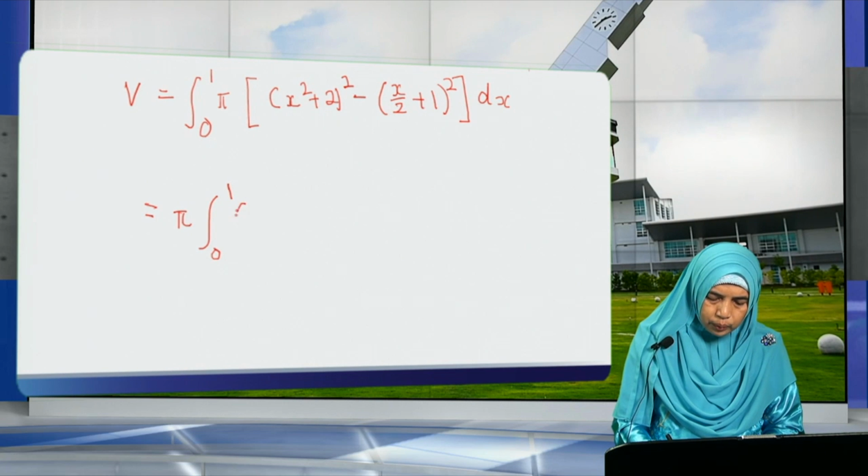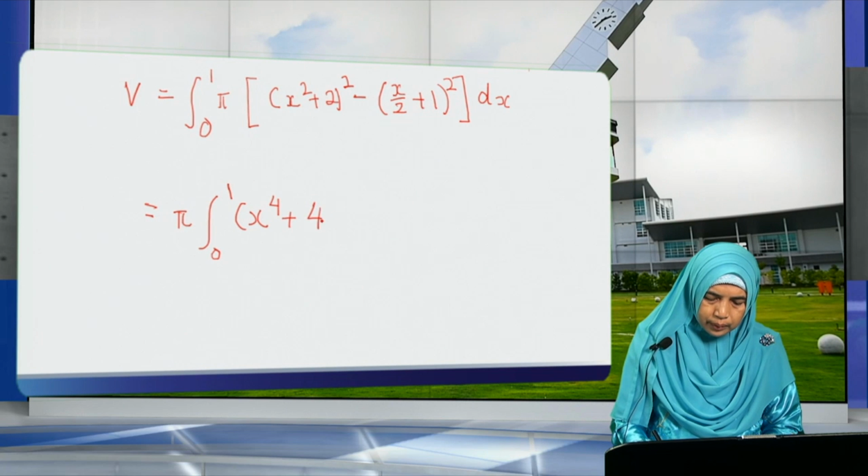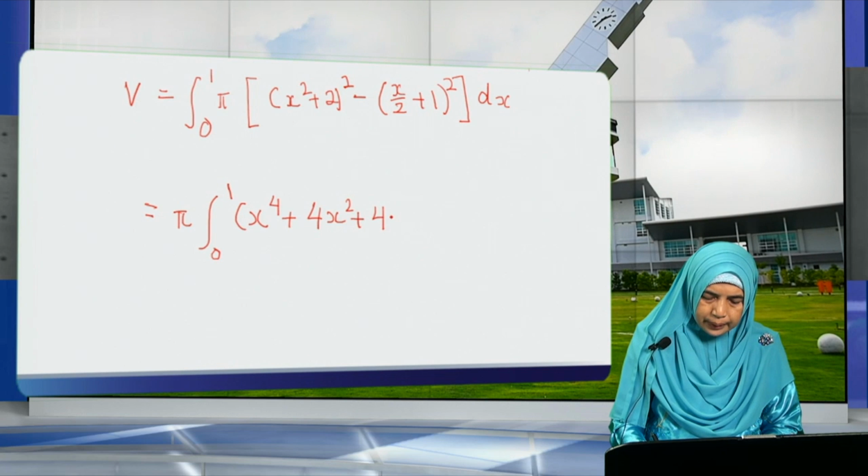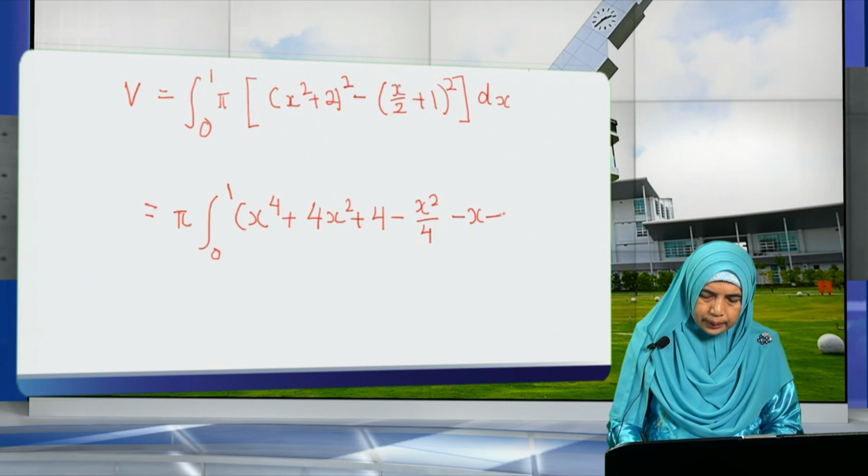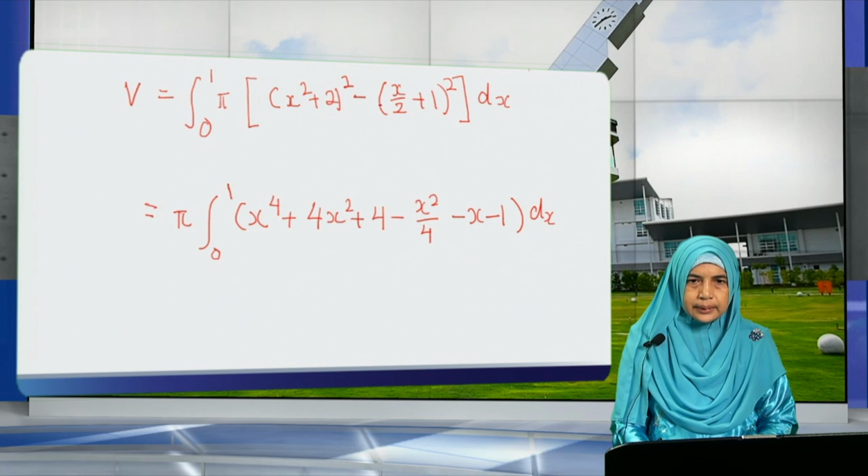Then we expand this: we get x to the power of 4 plus 4x squared plus 4, and minus, expanding this one also, x squared divided by 4 plus x plus 1, dx.